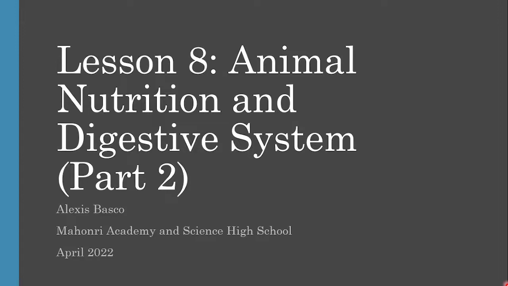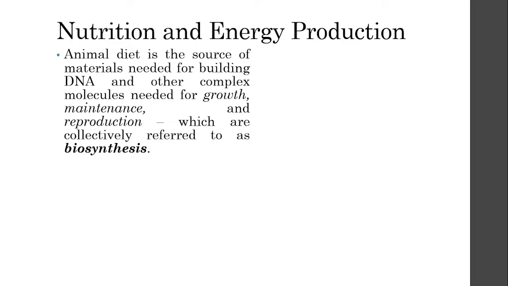Without these ATPs, it is impossible for our body to function properly, or in other words, we would die. A lot of the nutrients that we need in order to survive, we mainly get from food. That is why it is important for us to tackle a little bit about animal nutrition. So let us start.